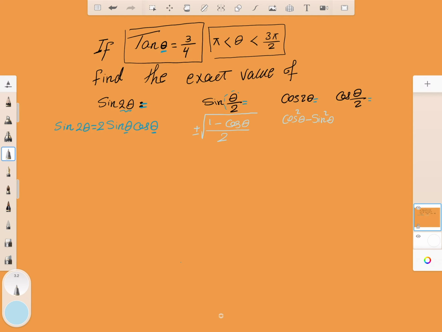Actually, there are 3 formulas for cosine of double angle. One of them is this one. Another one is 1 minus 2 sine squared theta. And the last one is 2 cosine squared theta minus 1.